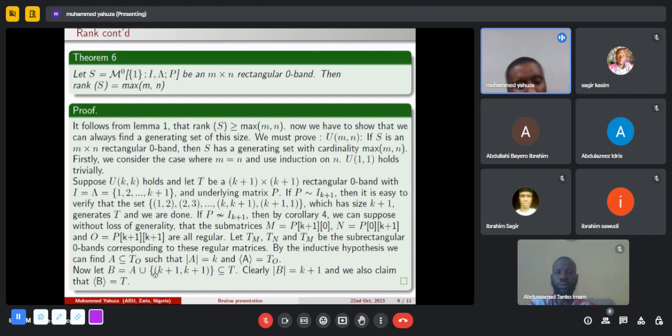That is A union (k plus 1, k plus 1). So let B be a subset of T. Now clearly the size of B will be equal to k plus 1, because the size of A is equal to k, and by adding this element, we have k plus 1 as the size of B. And we also claim that B generates T.